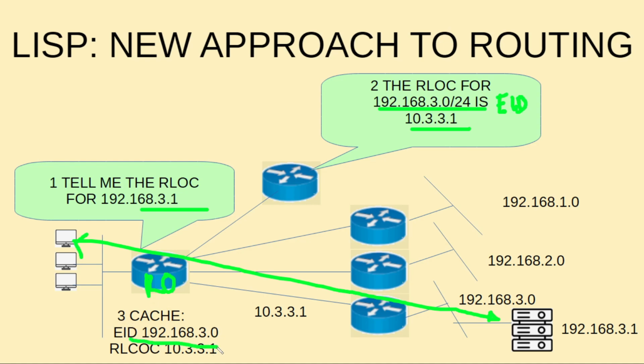So for this EID, the RLOC is this. So the effort for this router is reduced. It no longer has to keep updating its routing information base for all the destinations in the network. It only requires this cache where it will store the RLOC that belongs to a particular EID to which this router is moving traffic.